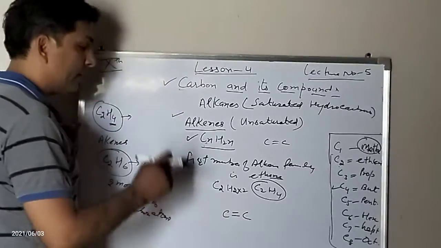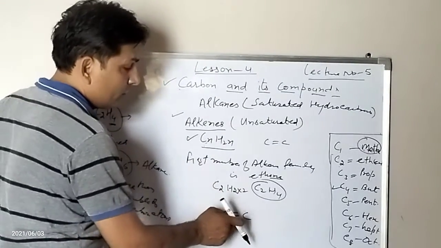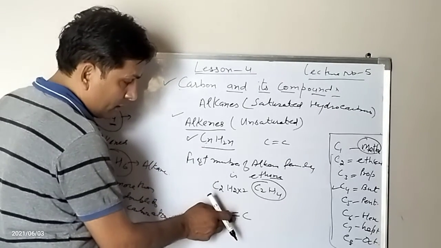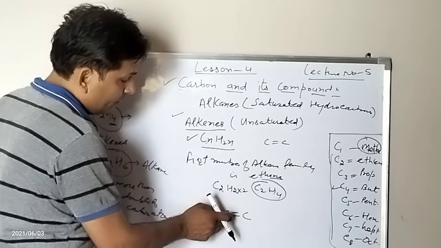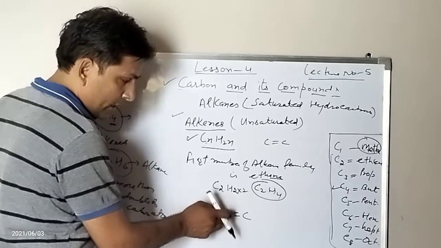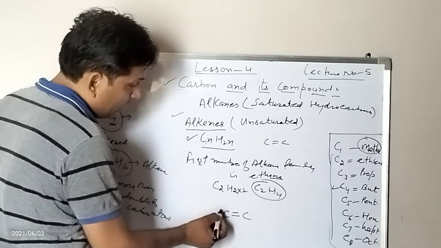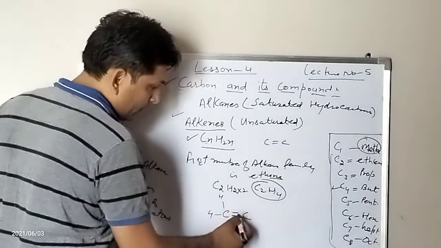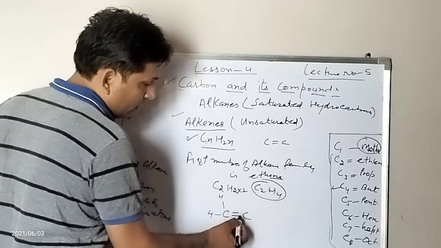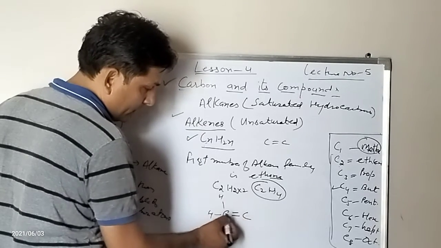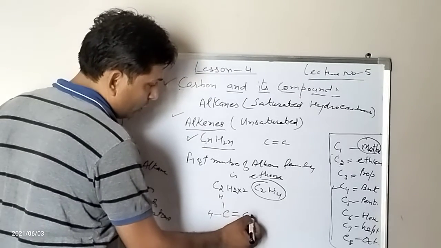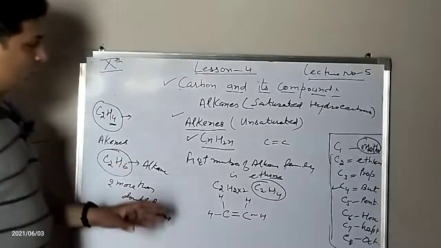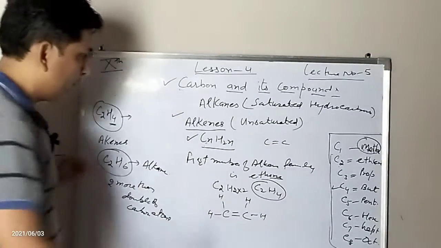Because it is an alkene, it will definitely have a double bond between two carbon atoms. Each carbon has shared two electrons with the other carbon, and it can share two more electrons with two hydrogen atoms. This is what we call the structural formula of ethene.